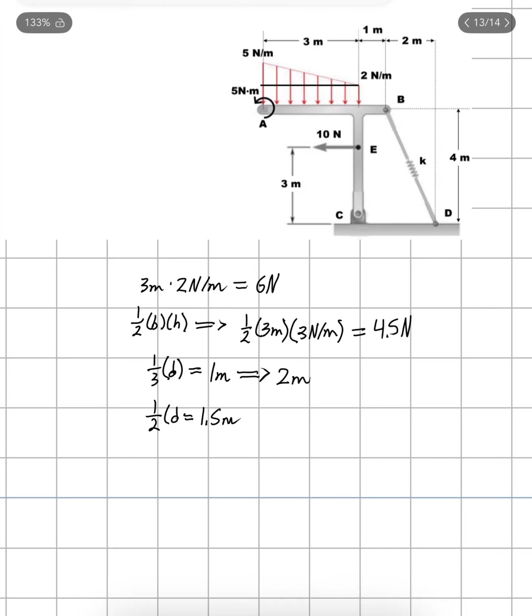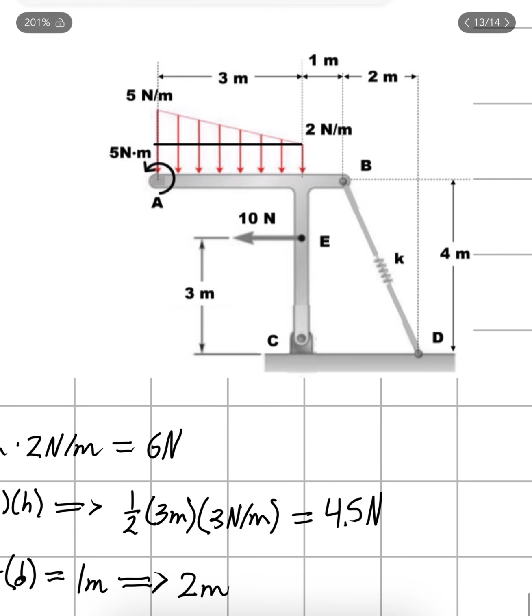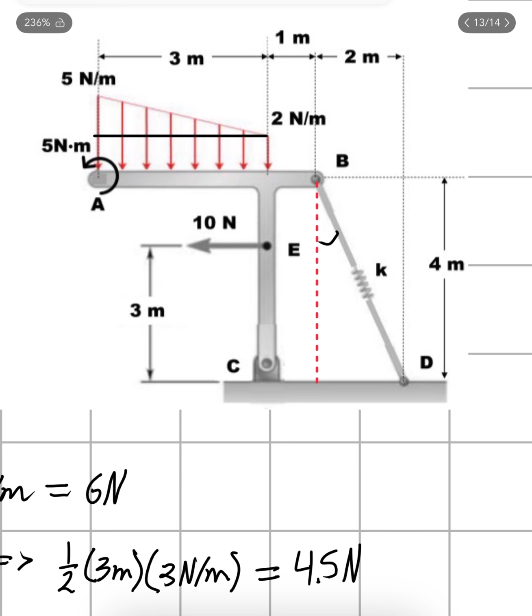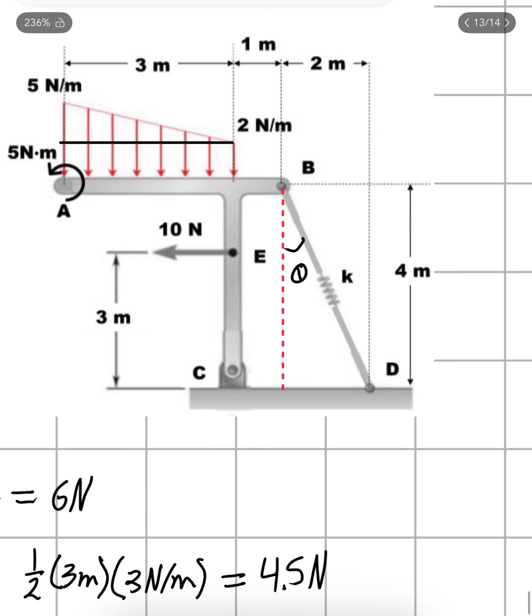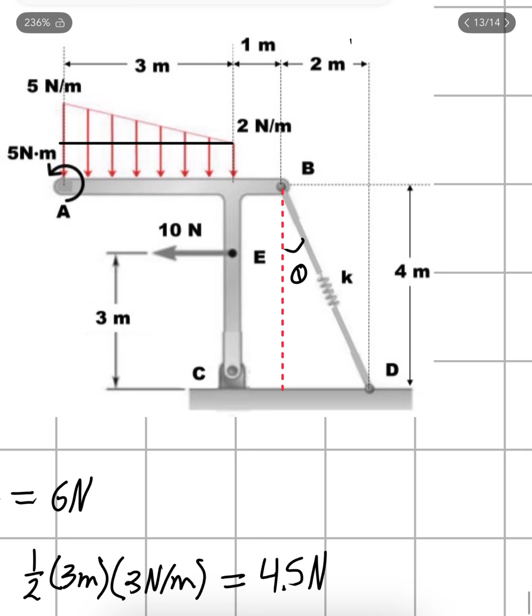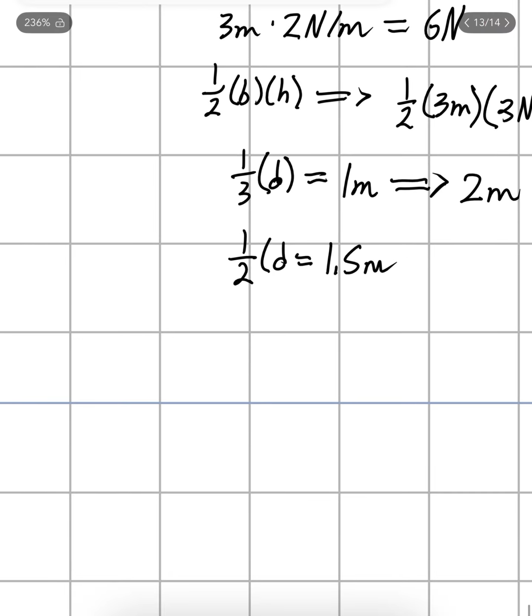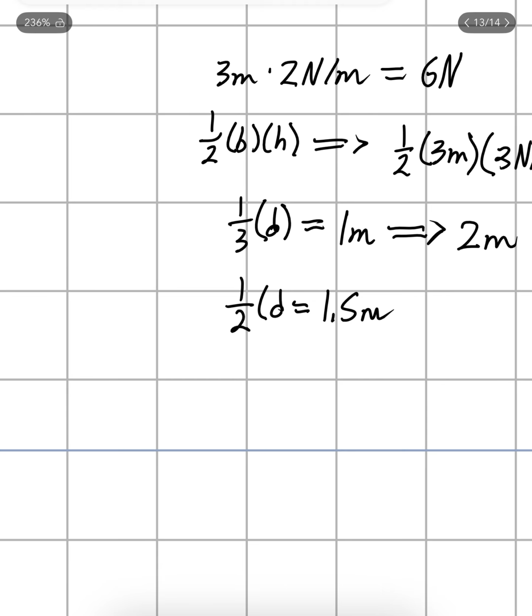The next thing we can do is understand the tension force at this point right here. The first thing we can do is calculate the angle relative to the force. So we'll call this theta. As you can see, the run is 2 meters and the rise is 4. We can put this into an equation.